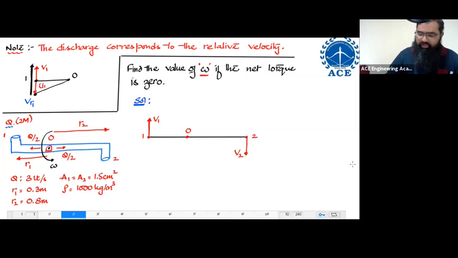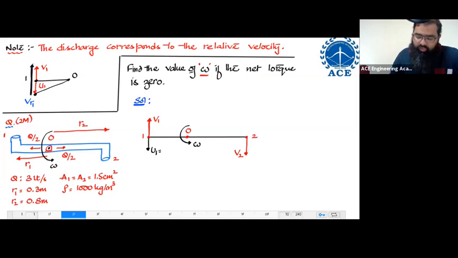First velocity shown. Second velocity. Look at the sequence. I know that this is rotating in this direction. If it is rotating in this direction, then the nozzle itself is going to have some velocity. This is u1.